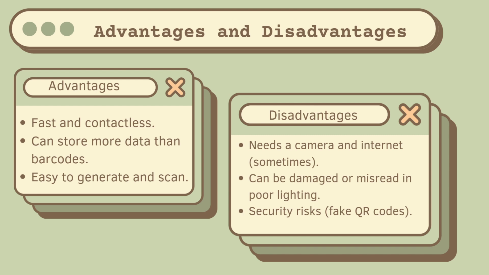You just need to scan, and then it will give you the information. They can store more data than barcodes, and they're easy to make. The disadvantages are that they need a camera and internet, and can sometimes be damaged or misread in poor lighting. There are also security risks, like a fake QR code replaced with something else we don't know about. So those are the QR codes.